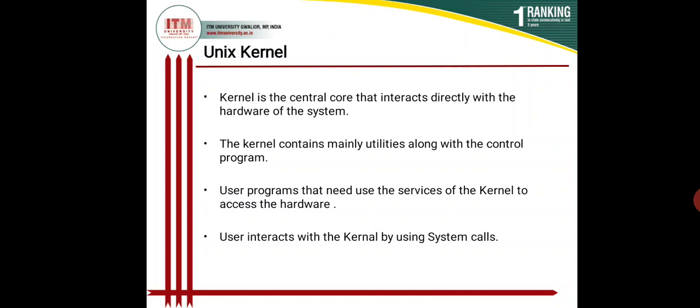When the system is booted for the first time, the kernel will be read into the memory, and it remains inside the memory until the system is running. The kernel forms an interface between the hardware and the shell.